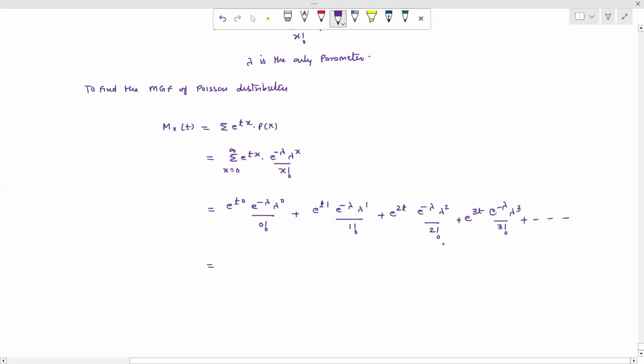Here in the first term, e raised to the power 0 is 1, lambda raised to the power 0 is 1, factorial 0 is 1.